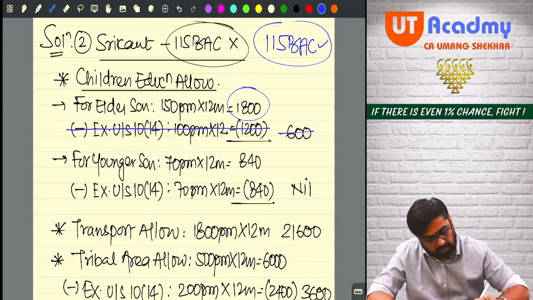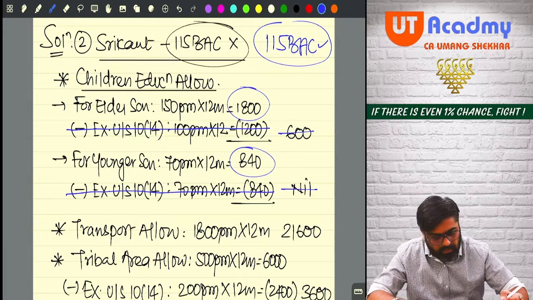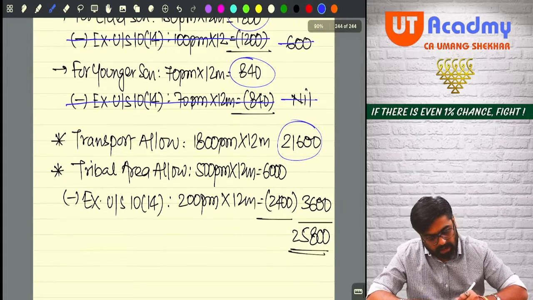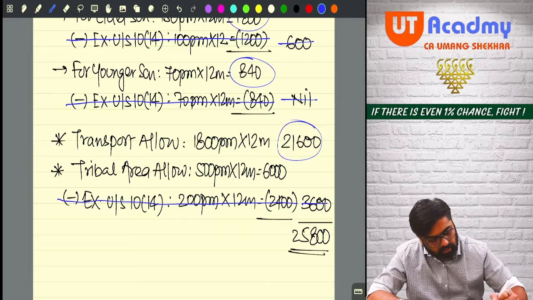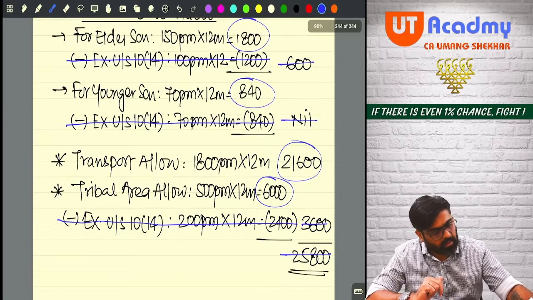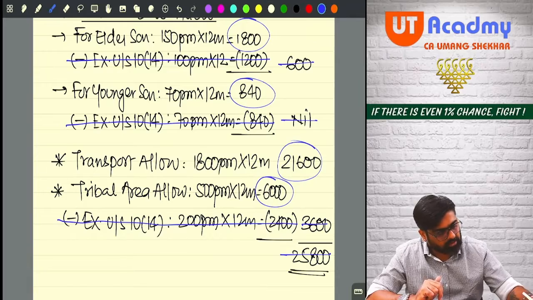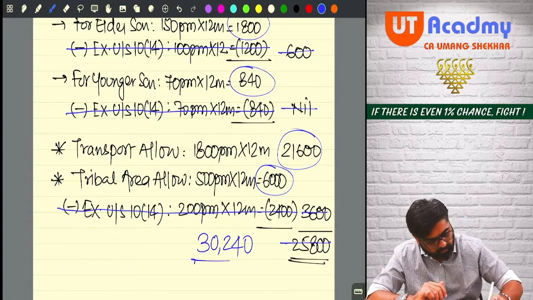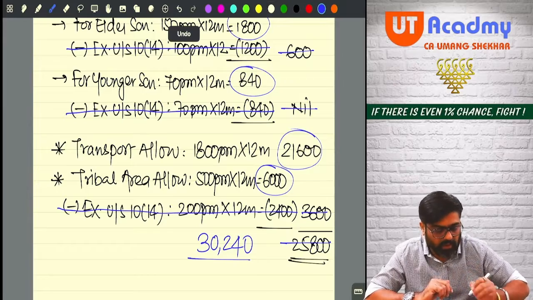Entire 840 will be taxable. Transportation allowance anyway is fully taxable. And the tribal area allowance exemption will also not be available, so the entire 6000 will be taxable. So tell me how much amount will be taxable now? 1800 plus 840 plus 21,600 plus 6000. The total will be 30,240. This will be the total taxable allowance.